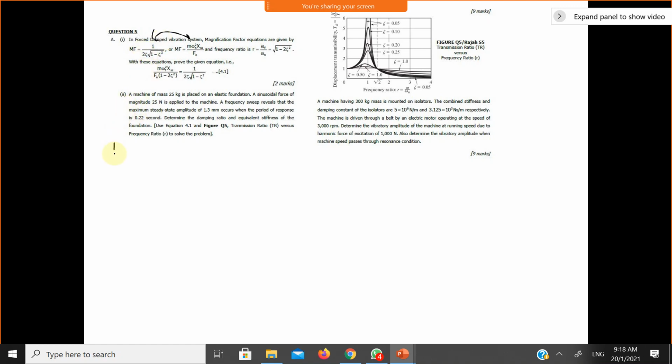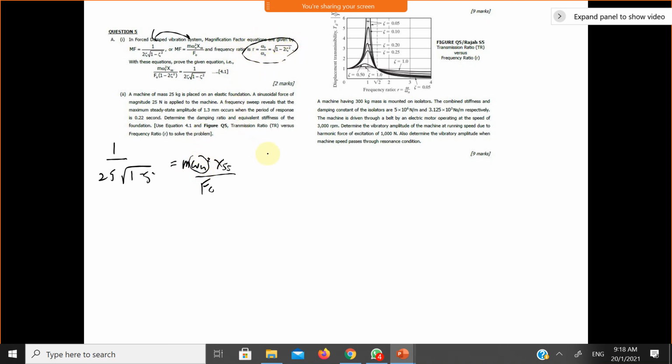Samakan yang 1 over 2 zeta 1 minus zeta square sama dengan M omega n square XSS over F naught. Sekarang ni masukkan omega n ni, gantikan dengan formula yang ni.